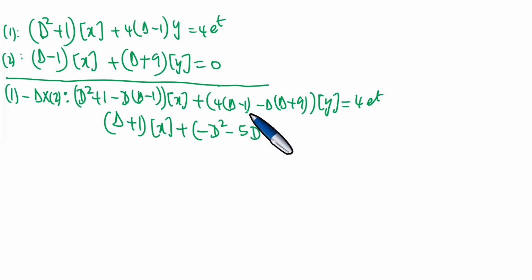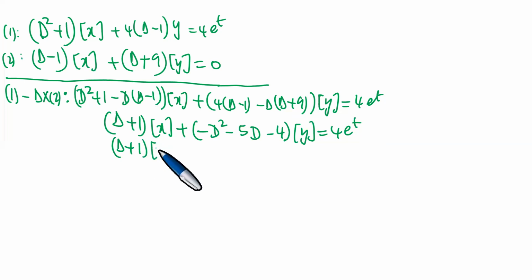Right, so you have a minus 4 that's going to come out of that, which is 4e to the t. Which means we have a d plus 1 x.